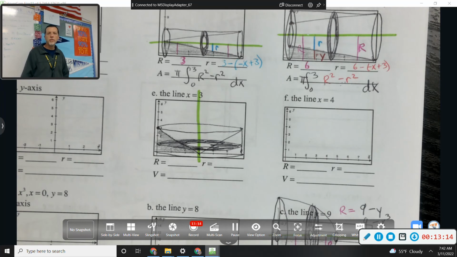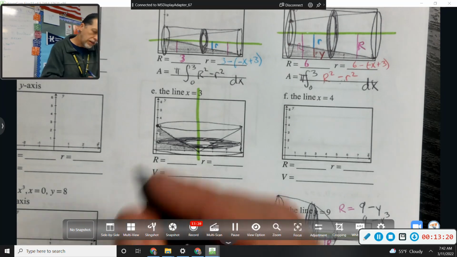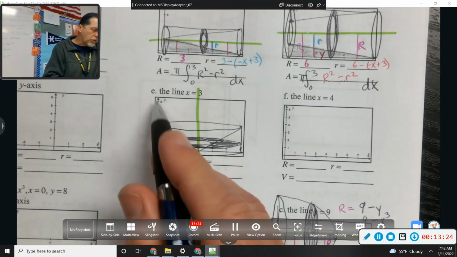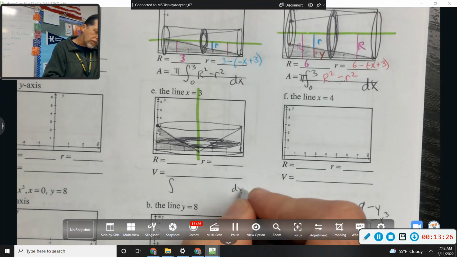This is sort of a bowl, I guess. The outside's a cylinder, but it's hollowed out with a cone. My washers are stacked in the y direction, so I know it's dy.